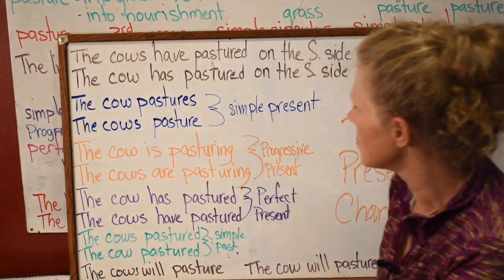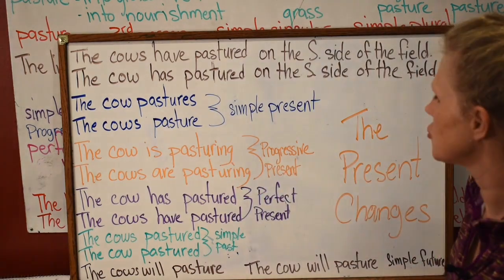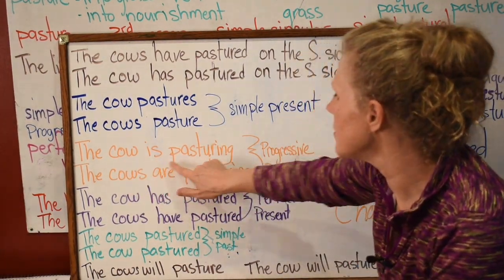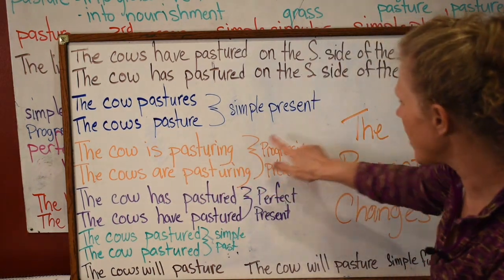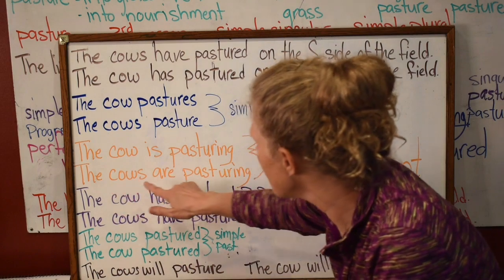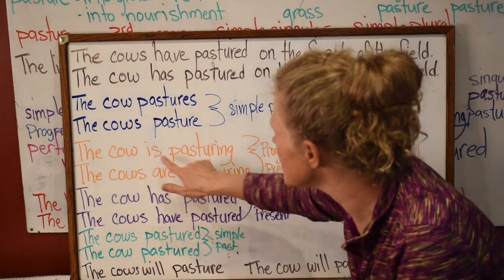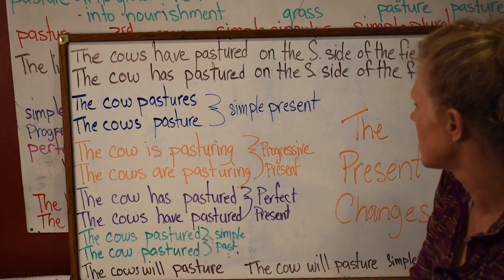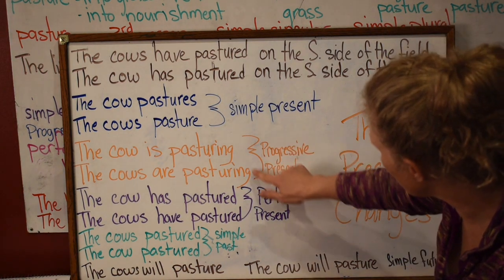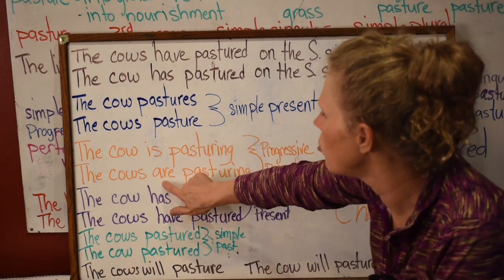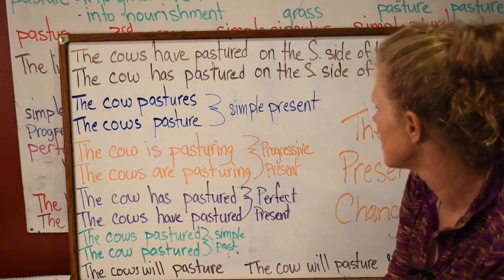Plural, plural. So the cow is pasturing. Singular, singular. Your auxiliary verb is in the progressive tense right here. The cows are pasturing. This is plural, plural. Progressive tense, INGs. These are your participles with your auxiliary verbs.